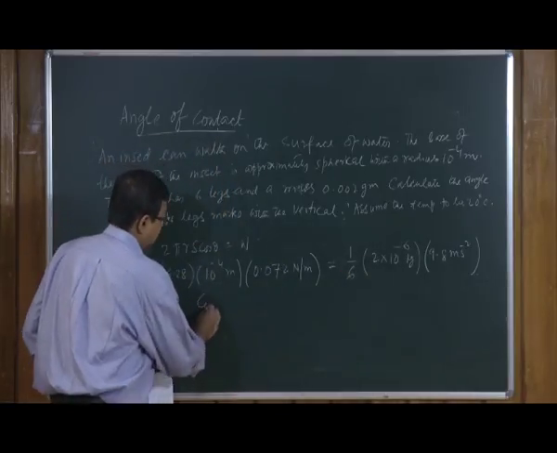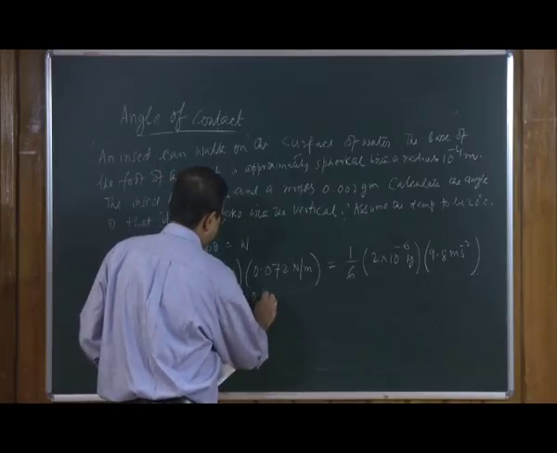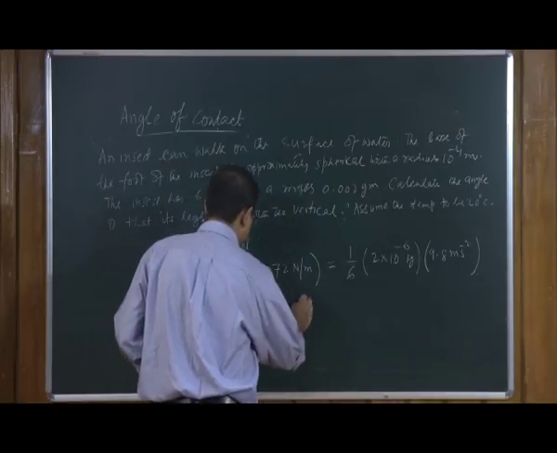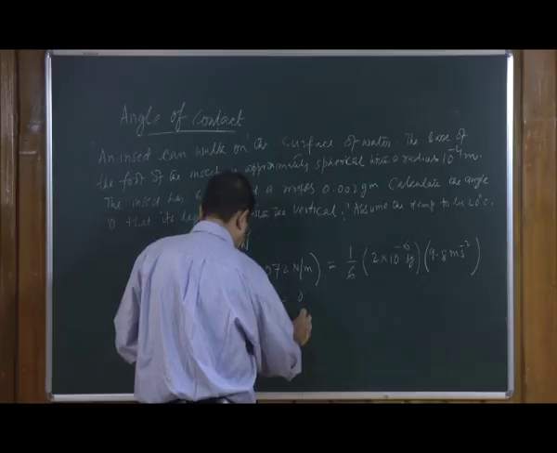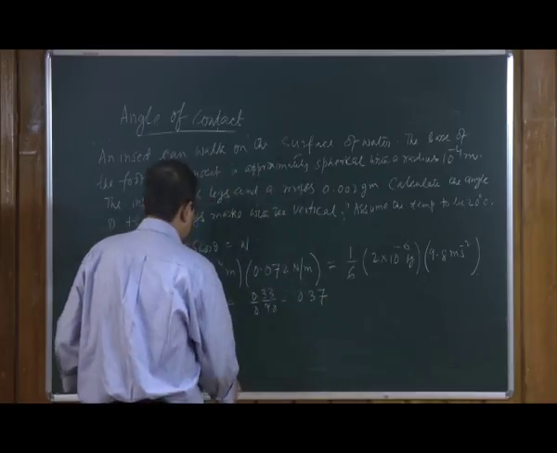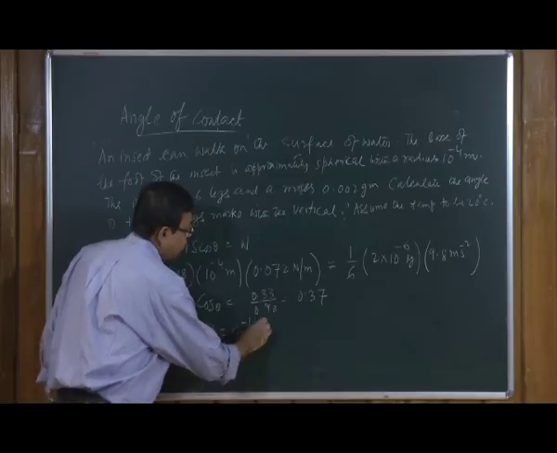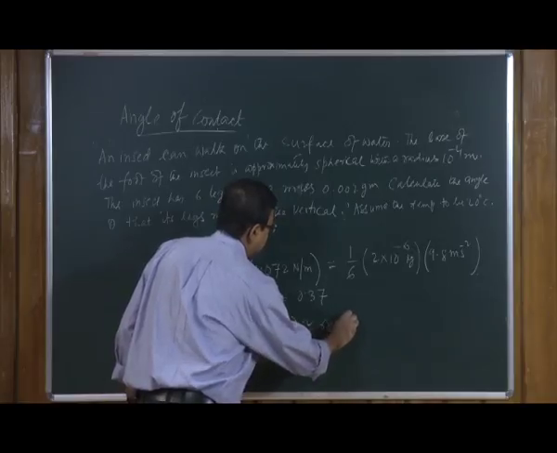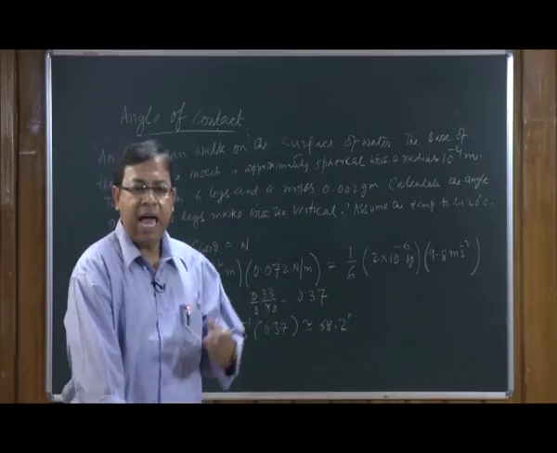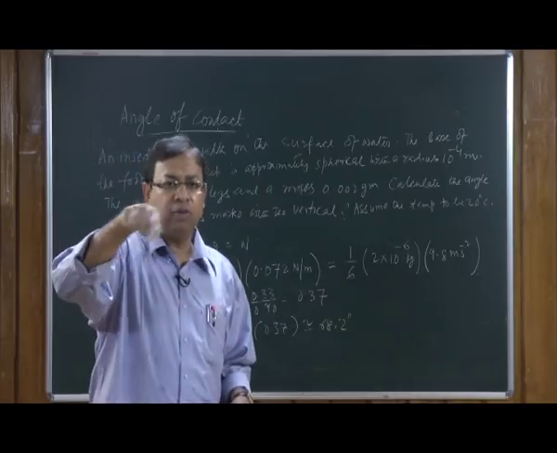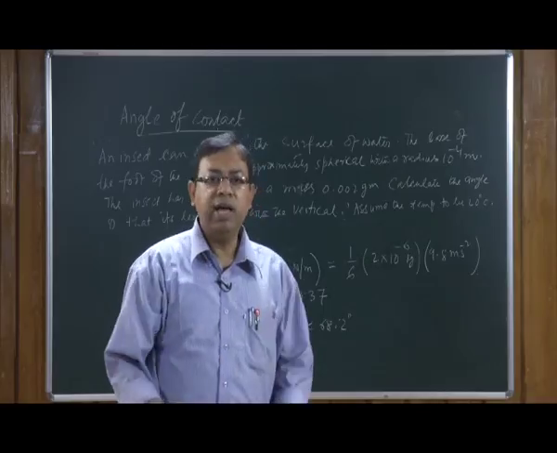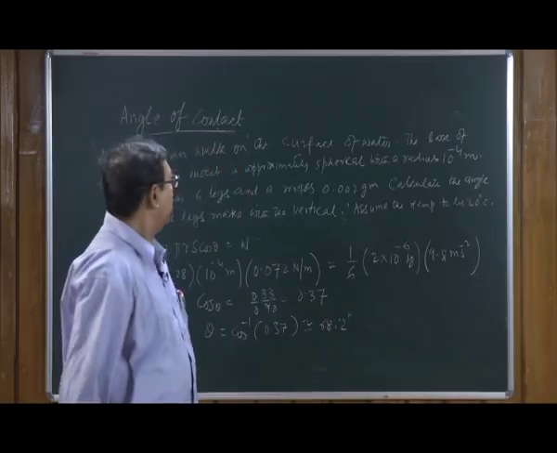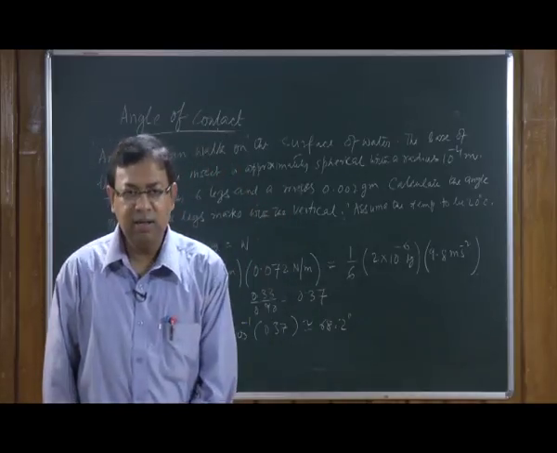If you calculate it, cos theta becomes equal to 0.33 divided by 0.90, which is equal to 0.37, and theta equal to cosine inverse 0.37 is approximately 68.2 degrees. So, this is the angle that the foot of the insect makes on the water, and it does not drown, rather it can walk on the water. And so, this is the angle of contact.